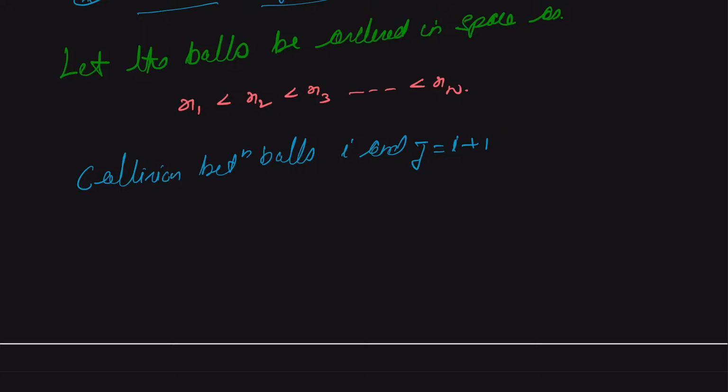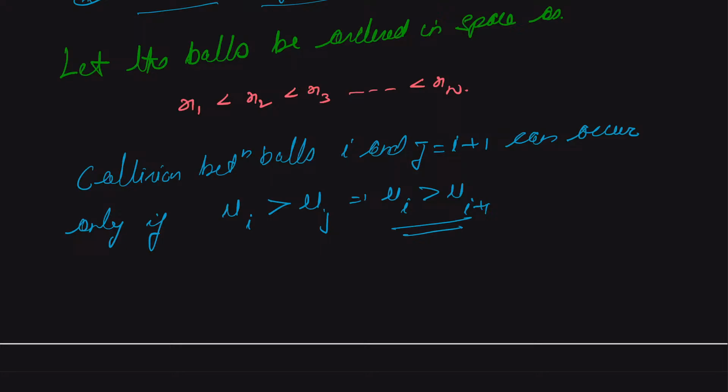The collision between the balls I and j can occur only if u of I is greater than u of j, or we can write this as u of I is greater than u of I plus 1. So this velocity condition should hold, otherwise the left ball never catches the right one.